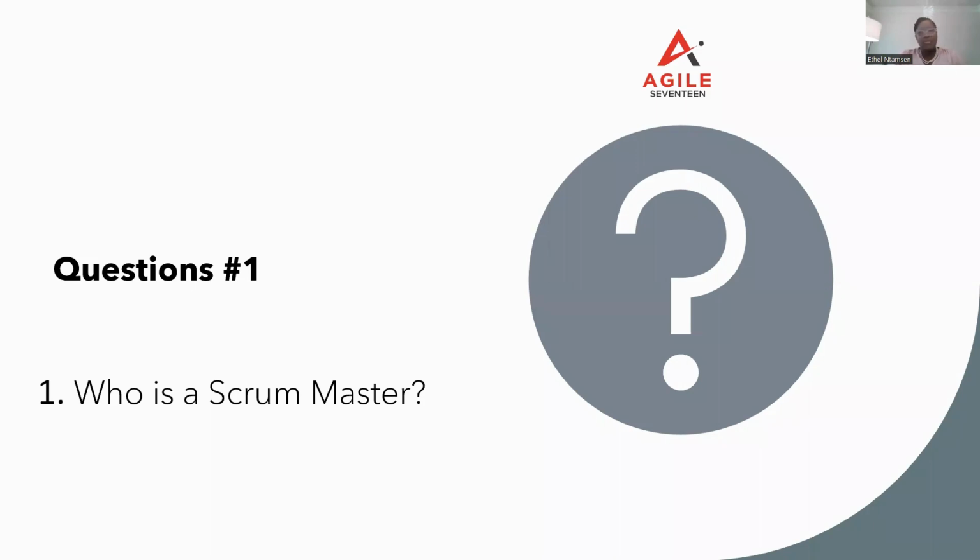So how do you serve an organization? You are a coach, right? As a Scrum Master, you not only coach the team, you coach the organization. Some of the things you do are workshops.